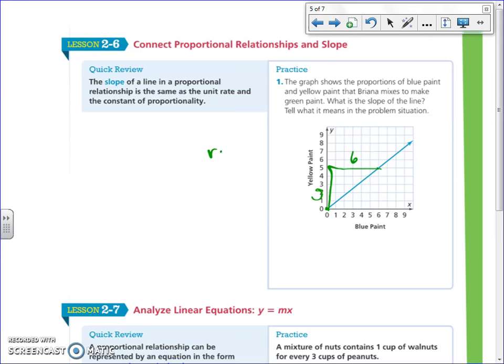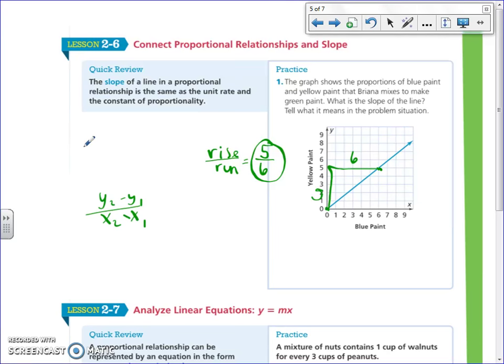Slope is written as the rise over run. So my rise was 5, my run was 6, so my slope is 5/6. If you wanted to use 2 points to find the slope, the formula for slope is y2 minus y1 over x2 minus x1.